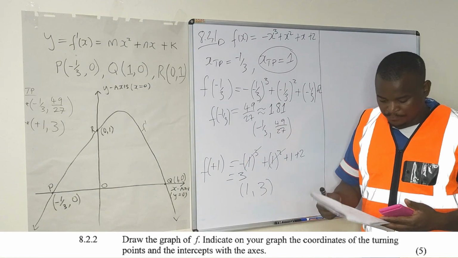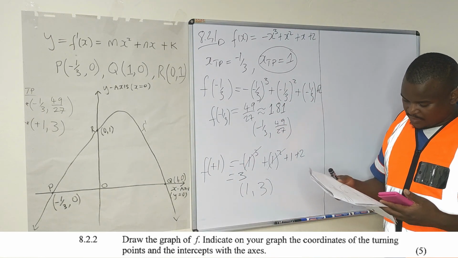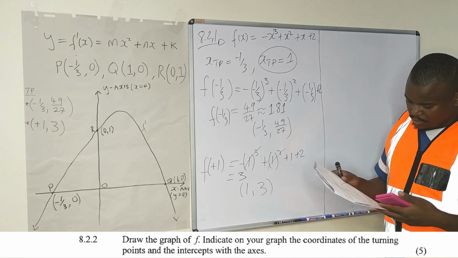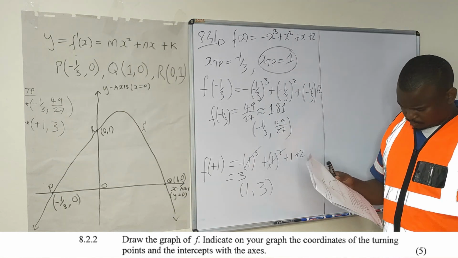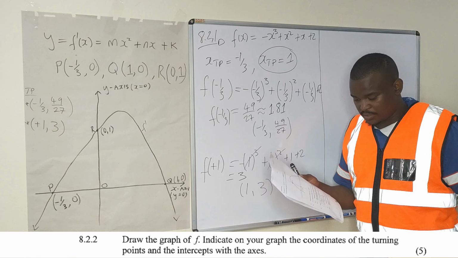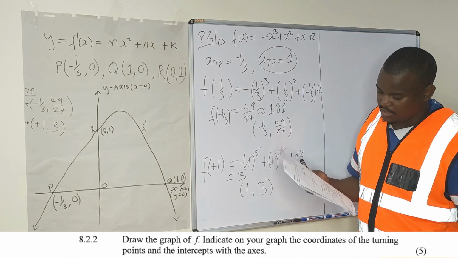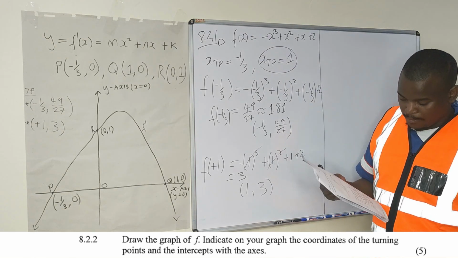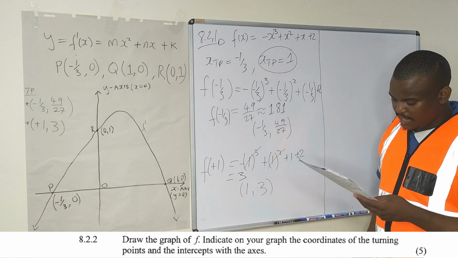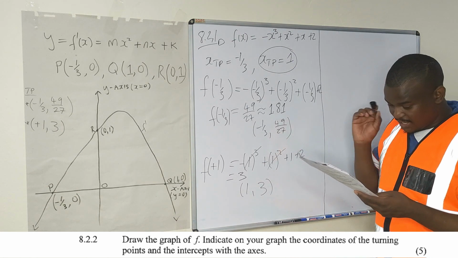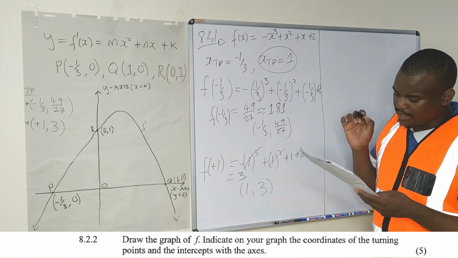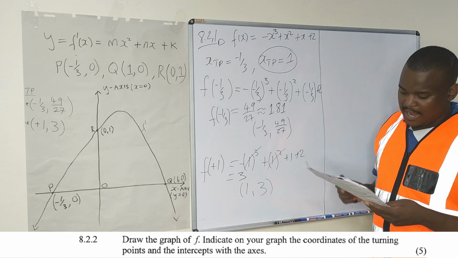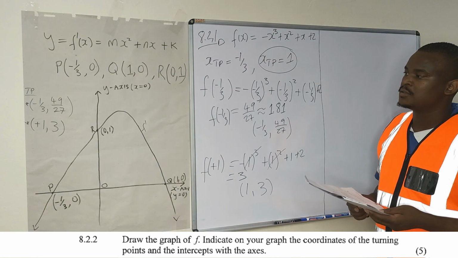Okay. Second point, draw. So let's read the second question, 8.2.2. Draw the graph of f. Indicate on your graph the coordinates of the turning points and the intercepts with the axis.